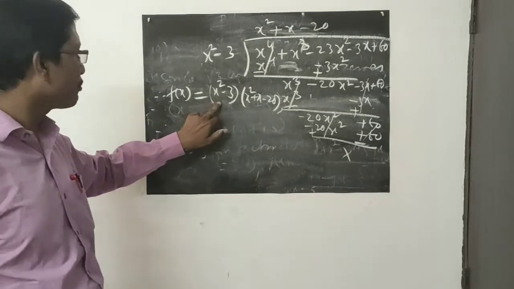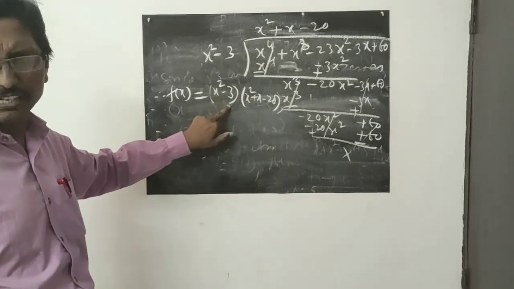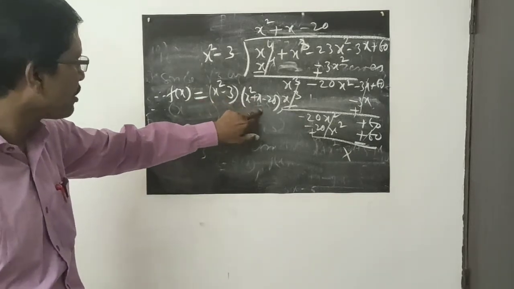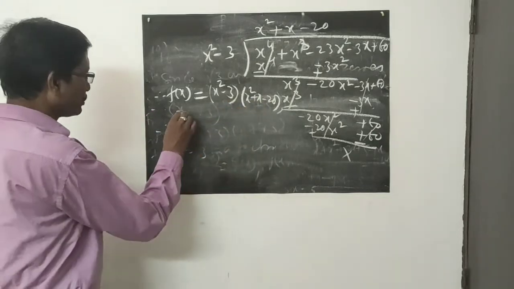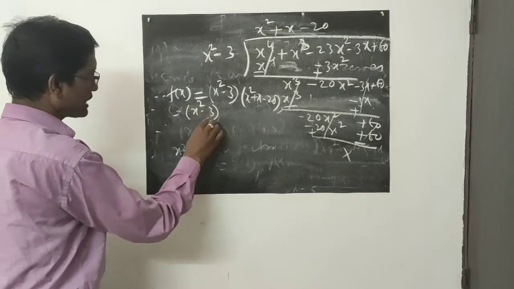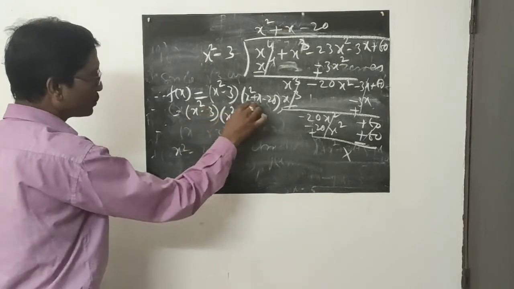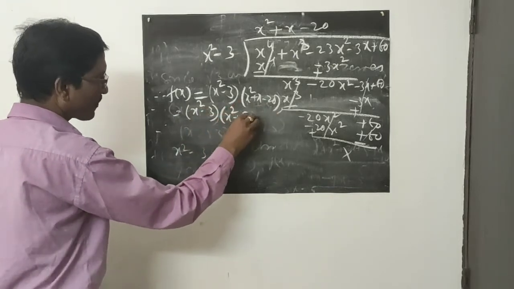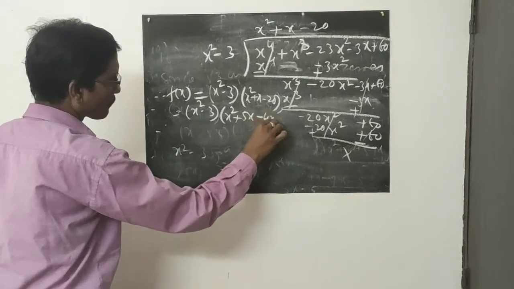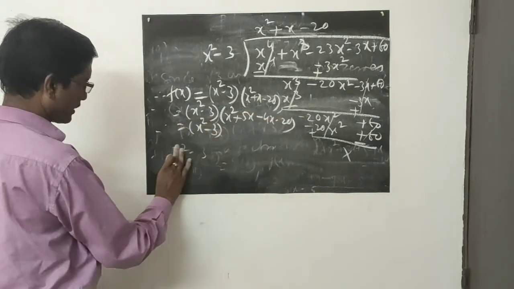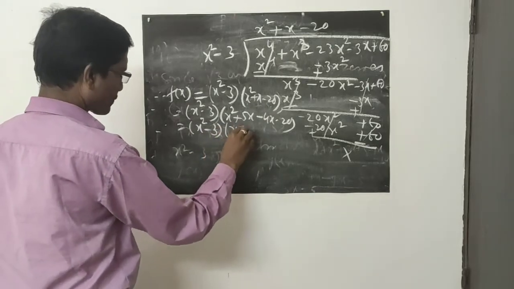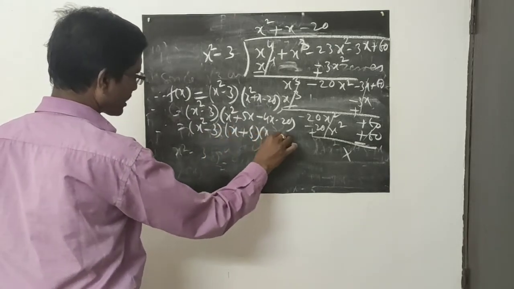But root 3 and minus root 3 are already the factor, so no need to factorize that one. You have to find from the other factor which are the zeros. So for x square plus x minus 20, by middle term splitting you can do minus 20 means plus 5 minus 4. So ultimately you will get x plus 5 into x minus 4.